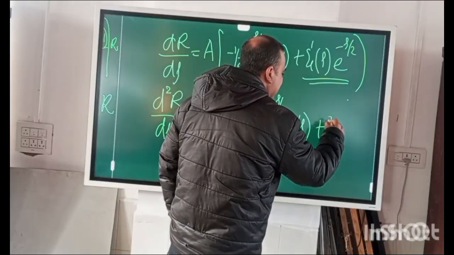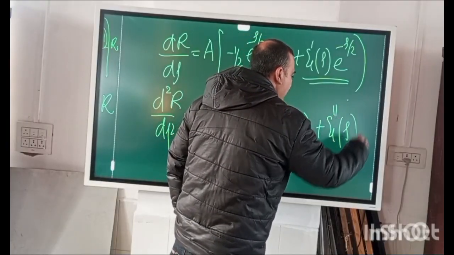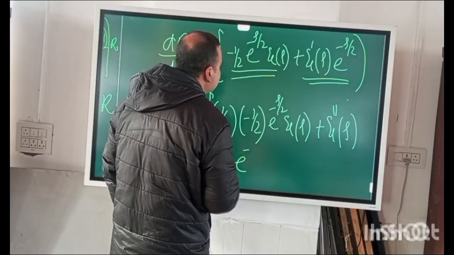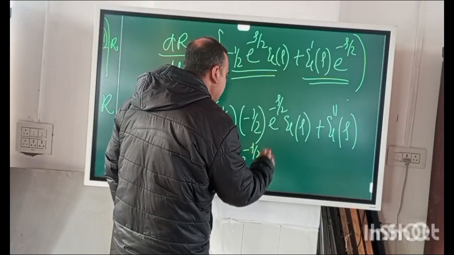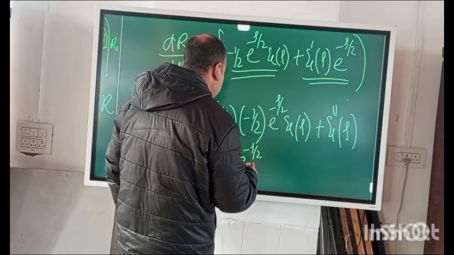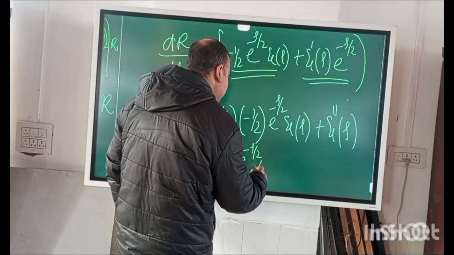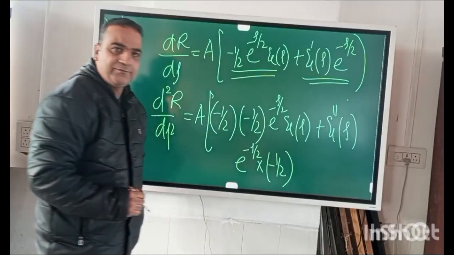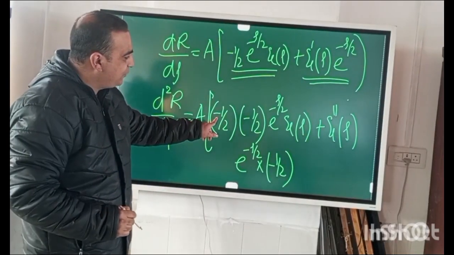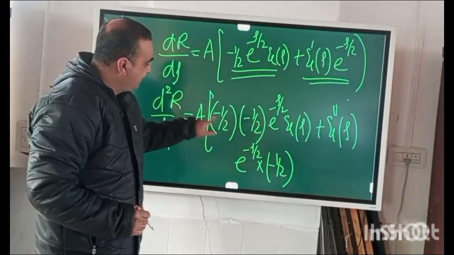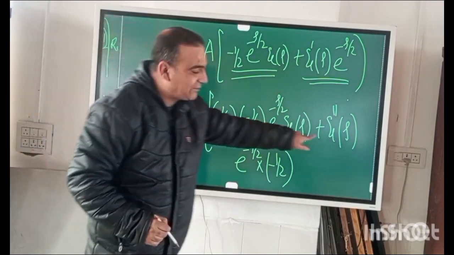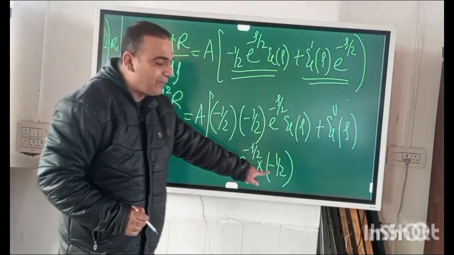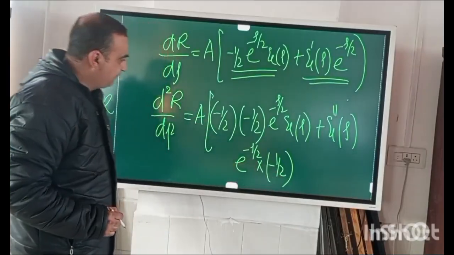Then plus zeta double dash of rho and e to the power of minus rho by 2 times minus 1 by 2. Right? Because this minus 1 by 2 is to be multiplied to this, and this minus 1 by 2 is to be multiplied to this also. Otherwise it could have made the problem. So I have multiplied it by minus 1 by 2.